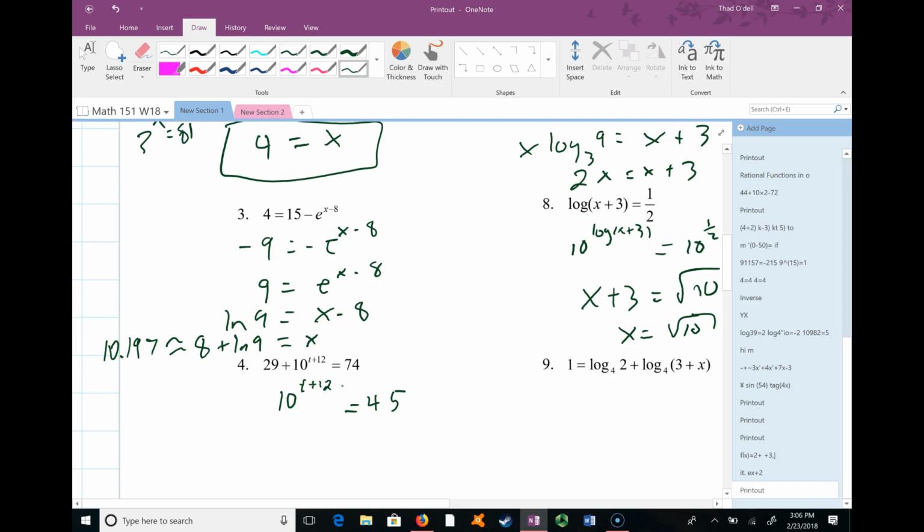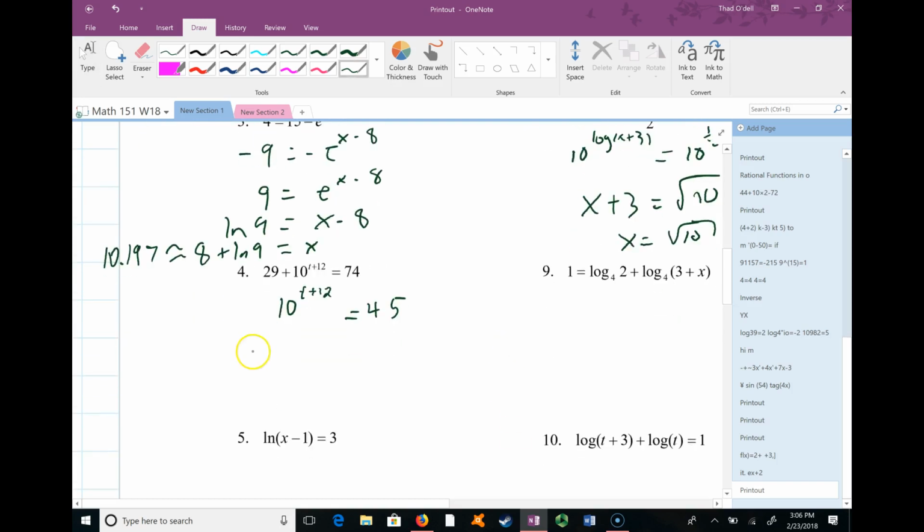Okay, so then how do I undo 10 to the power? I take the log of both sides. So this is going to be log of 10 to the t plus 12 is equal to log of 45. Of course, those cancel each other out, so I'm left with just t plus 12 is equal to log of 45, which means t is equal to log of 45 minus 12.